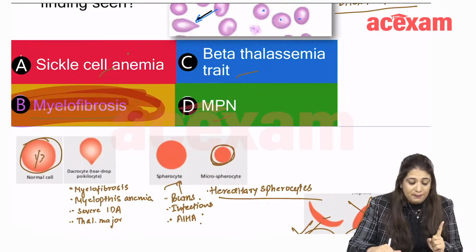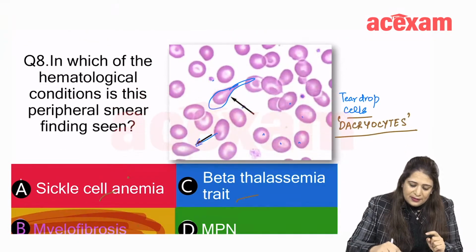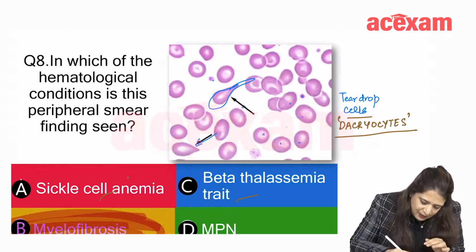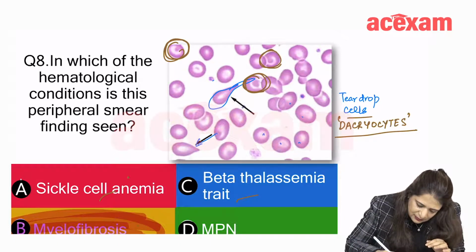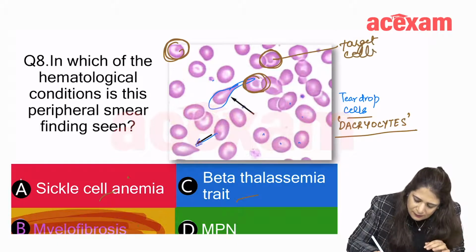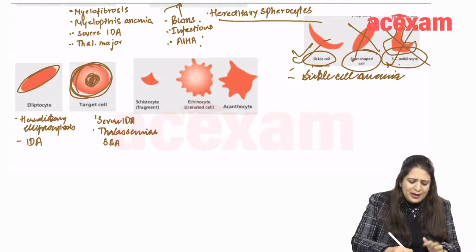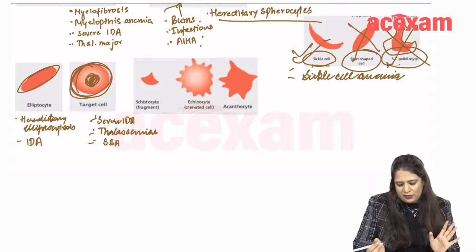So if I show you a picture and ask which is this cell and which is this cell, these are target cells. Though it can be seen in many conditions, these are the important causes.